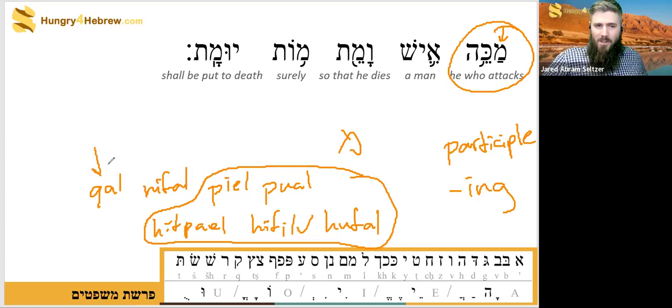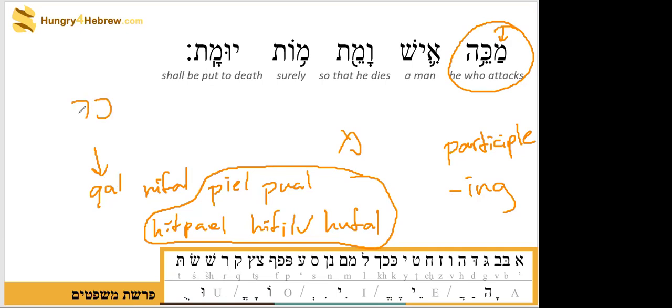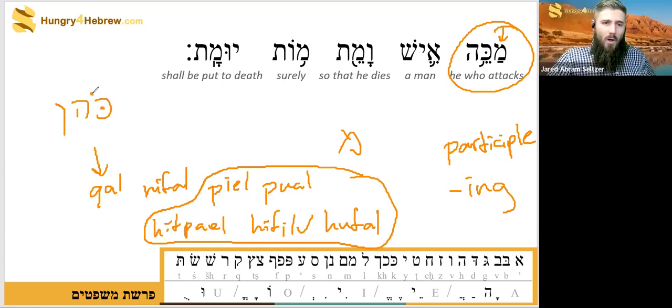How do we make a participle in the Kal or easy binyan? Put an O, E. Like Kohen or Shofet. Both of these are participles. We translate the first one as a judge.